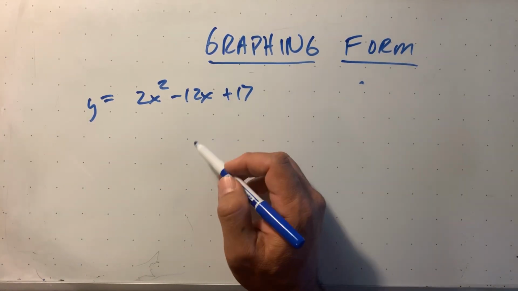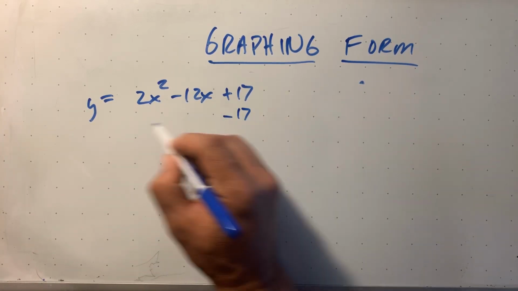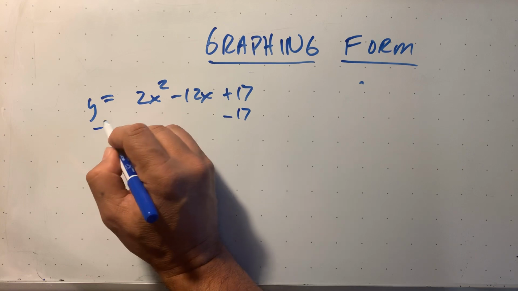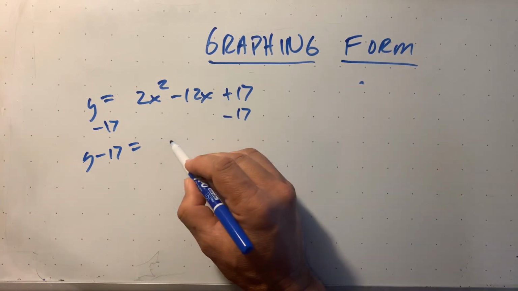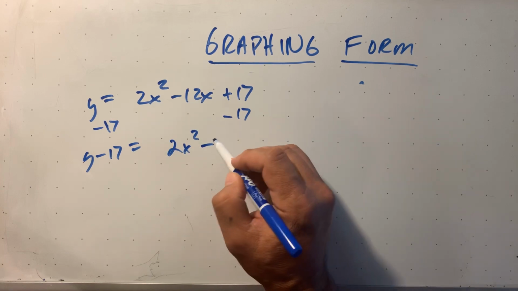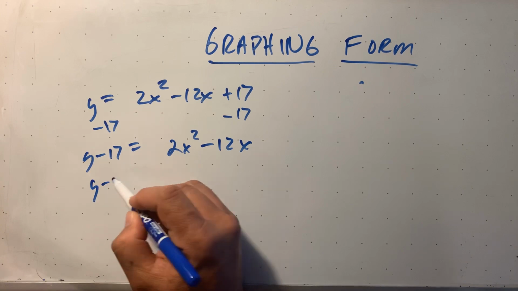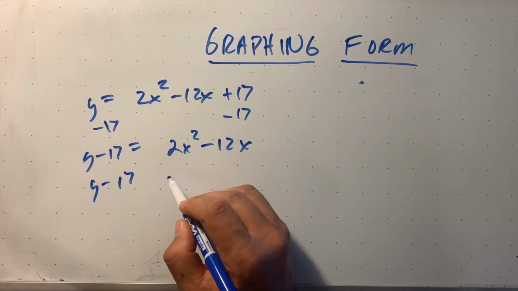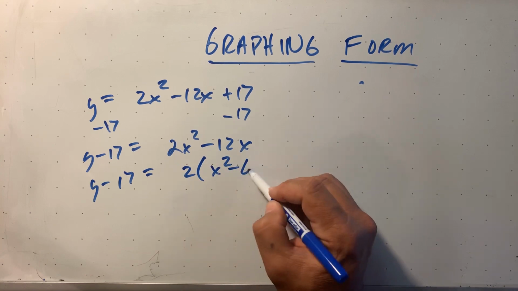All right, so I'm going to subtract 17 from both sides. So I'll get y minus 17 is equal to 2x squared plus or minus 12x. I need to have that be a 1, so I'll factor out the 2. That equals 2 times x squared minus 6x.